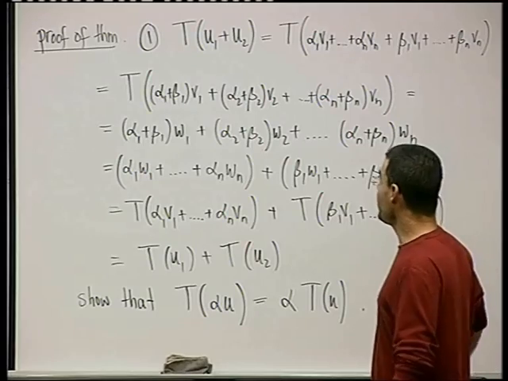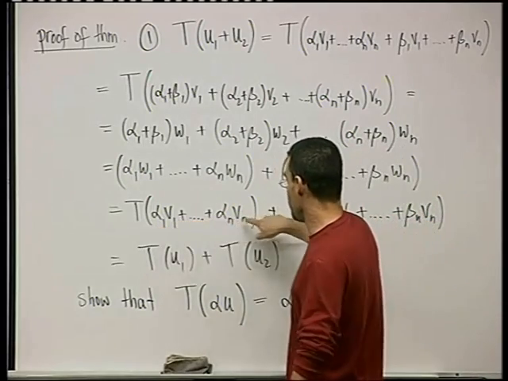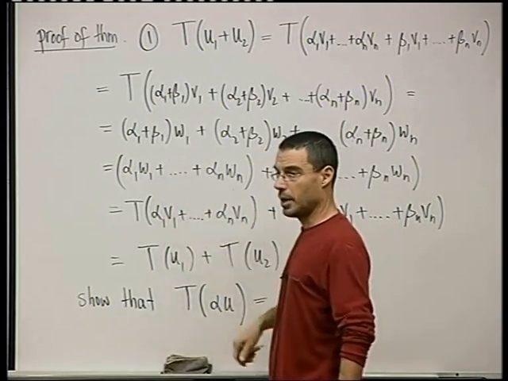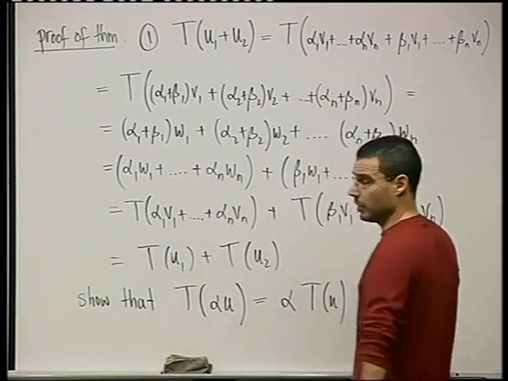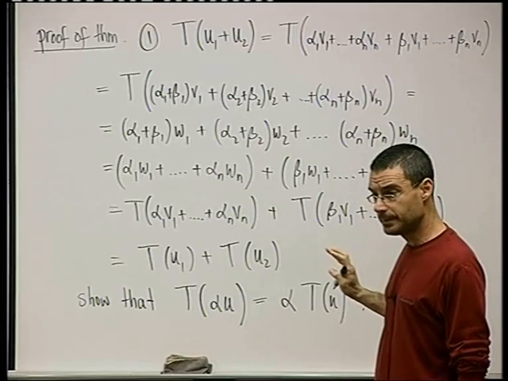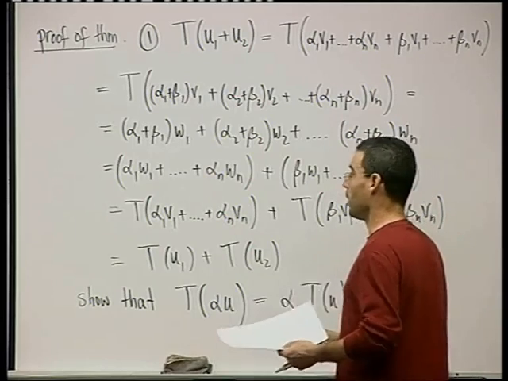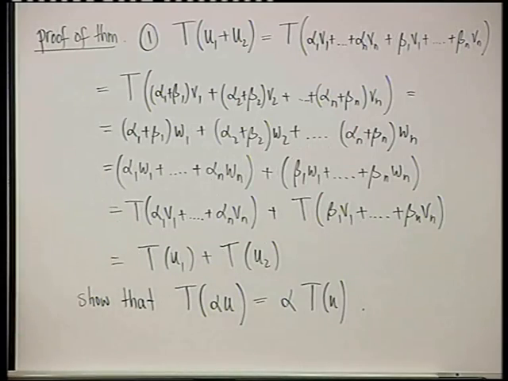If you define a map T of a linear combination as the same linear combination of some elements in the range, what you get is a linear map. Good? Okay, let's prove part two. So part two, let's erase here. Did you take a u1 and u2?